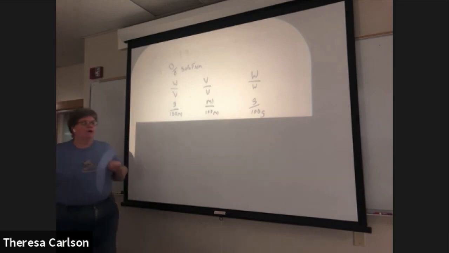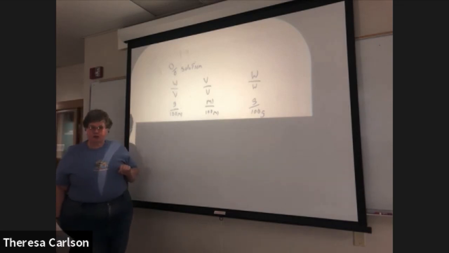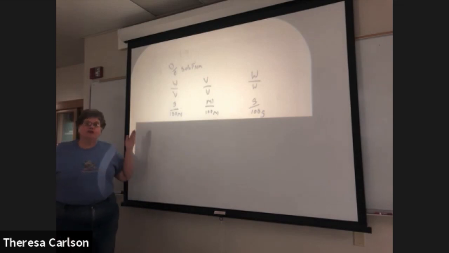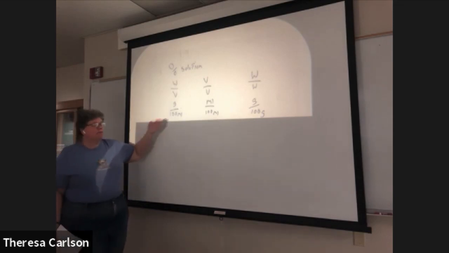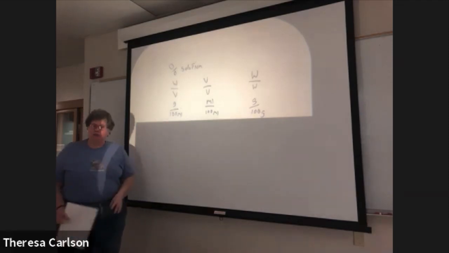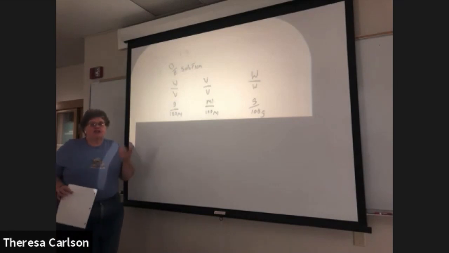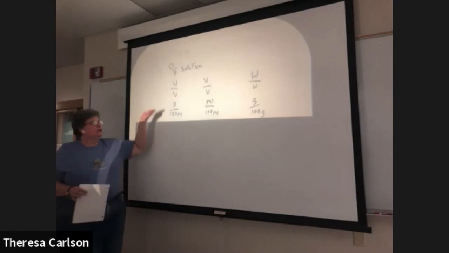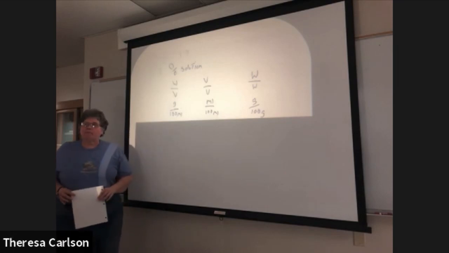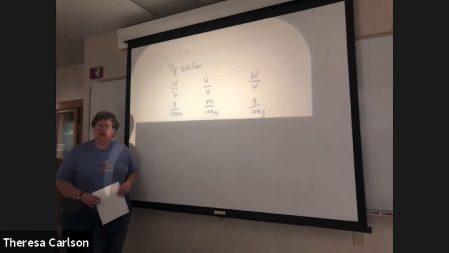So today, we're going to start with percent solution. And with percent solution, it's important to pay attention to the units that are given. In percent solution, you can have a weight volume solution. This is the kind of thing you might have if you were making up a solid and putting it into a liquid. You have a certain number of grams per 100 mils total.